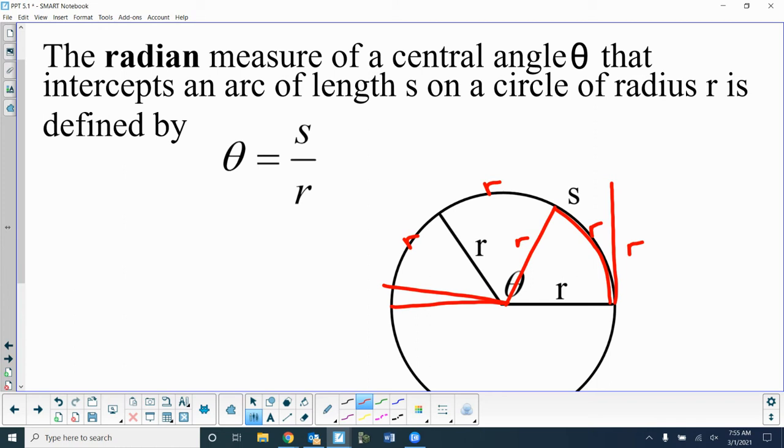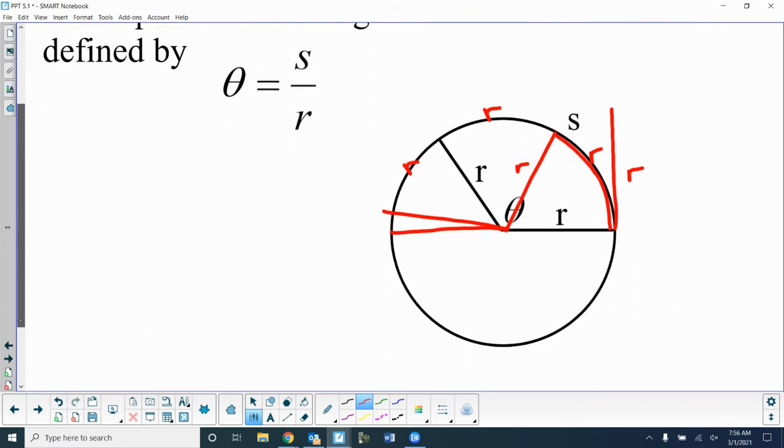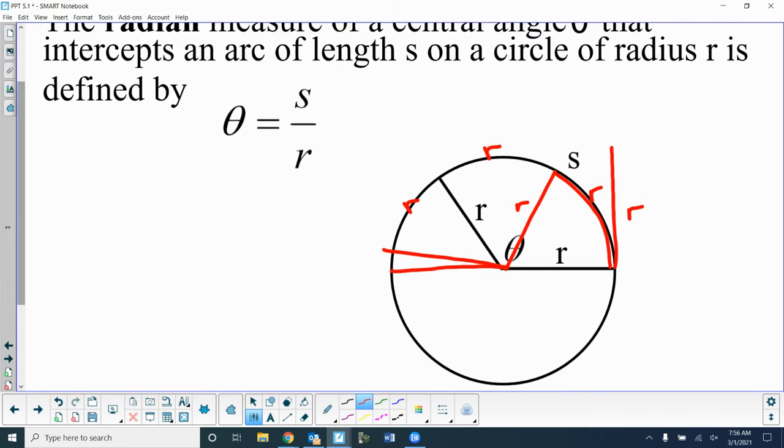So a radian is just how many radii I can get around the circle. A lot of kids say, what is a radian? So I wanted to try to explain it to you. Just how many of these lengths, whatever the radius of the circle, can fit around the whole circle. Okay?